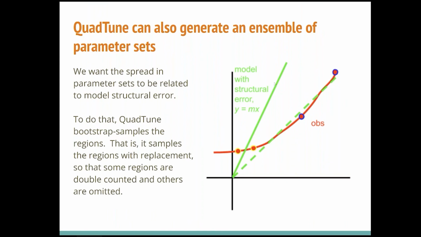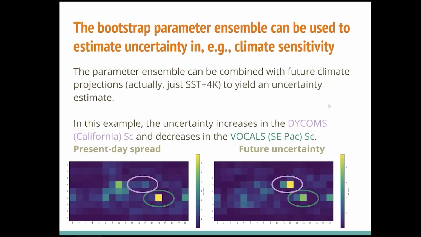It's just a line that passes through the origin. So we have one parameter, m, the slope. If we tune to these 2 points, we get one slope. If we tune to the yellow 2 points, we get another slope. The spread in slopes reflects basically the change in slopes of this red line as we sample different regions.